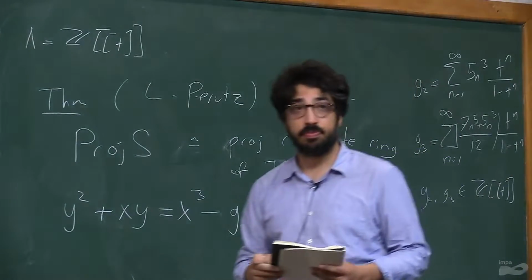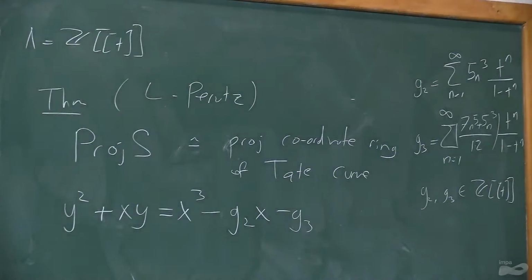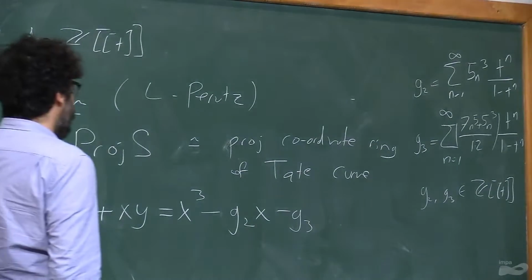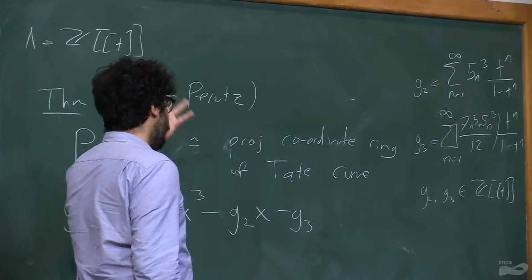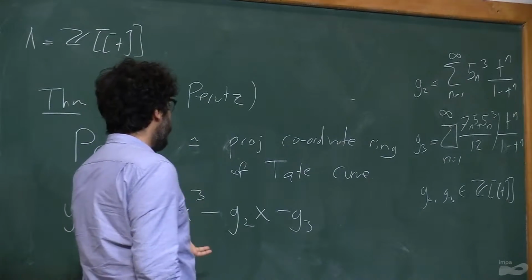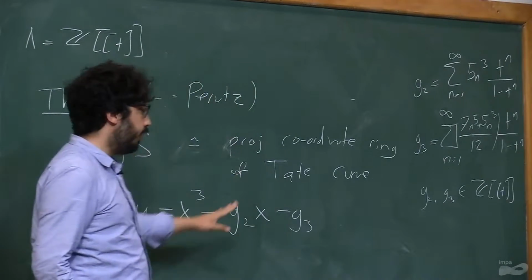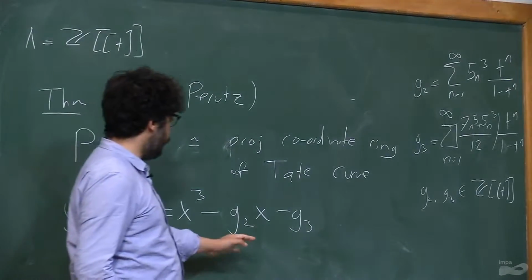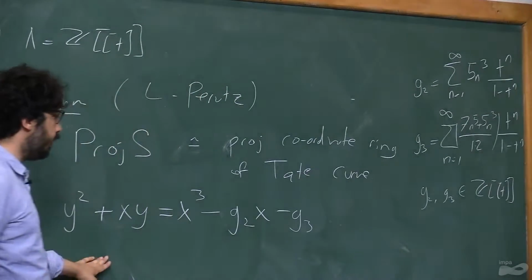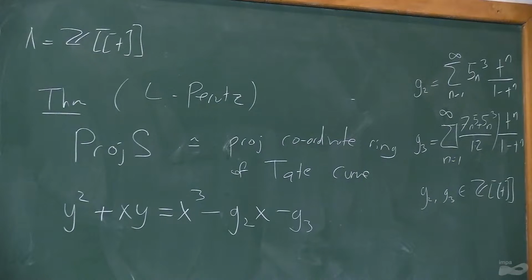And if you're not familiar with this kind of equation, one nice way to think about this Tate curve is you can set t equals to 0, and then what you get is a nodal curve, and this is a formal neighborhood of that nodal curve in the moduli space.